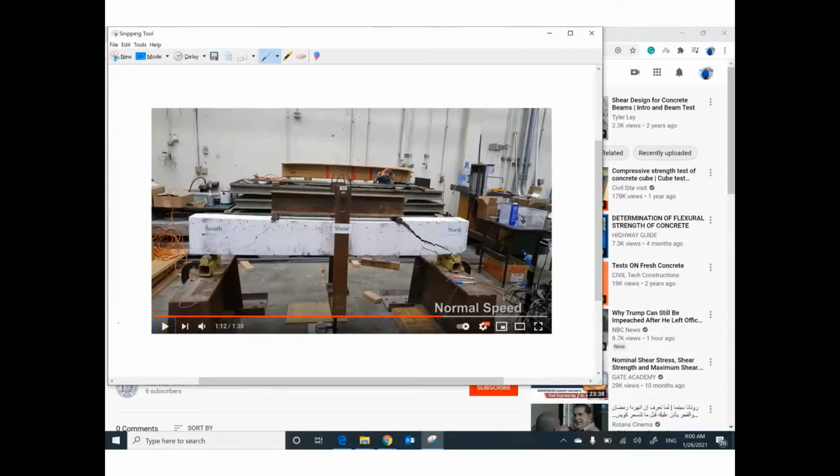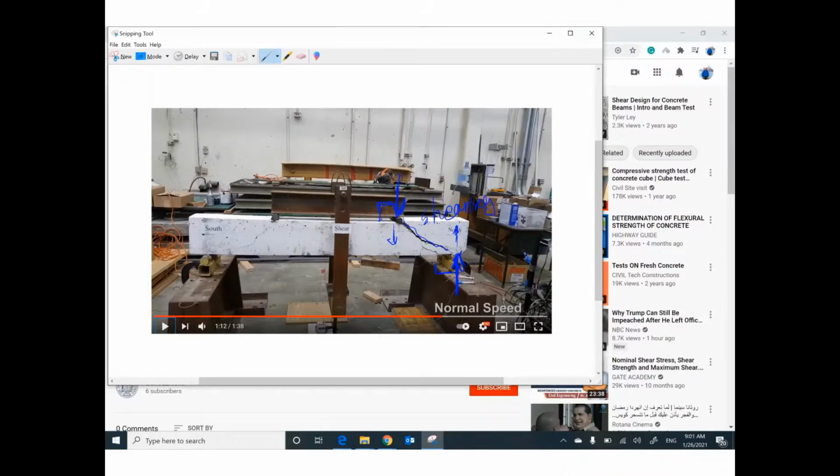We have one concentrated load here, and we have a reaction at this support. So we have two opposite forces, and the two forces are perpendicular to this beam. One of them would like to push the beam down, and the other one would like to push the beam up. So we expect shearing in between.